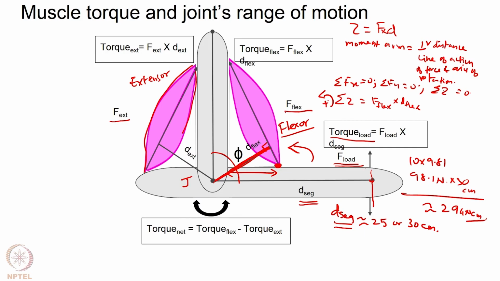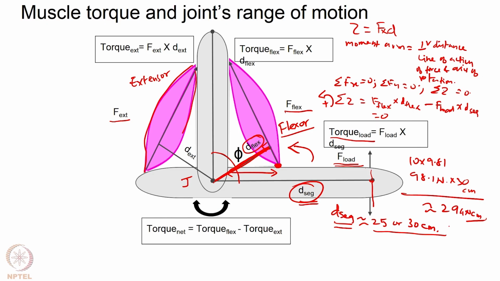So, that is essentially a counterclockwise moment minus F load times d segment, and that is 0. Important to note here is d flex is usually a fraction of d segment. D segment is of the order of 25 to 30 centimeters, whereas d flex is usually a few centimeters. For convenience I am going to say that d flex is about 3 centimeters, whereas d segment is about 30 centimeters.